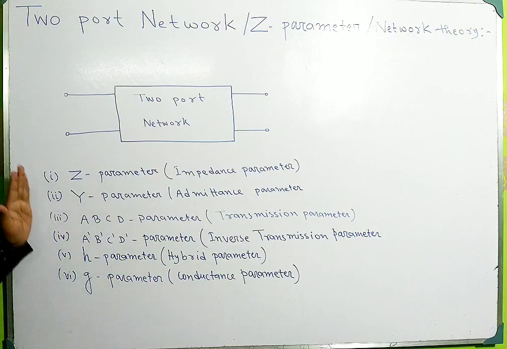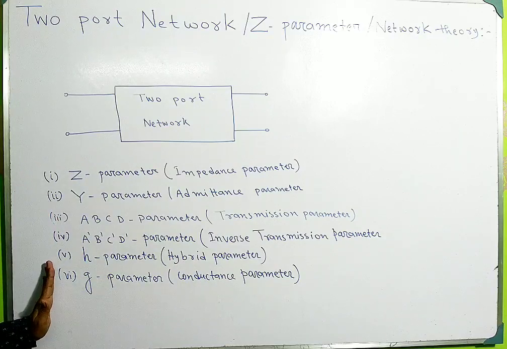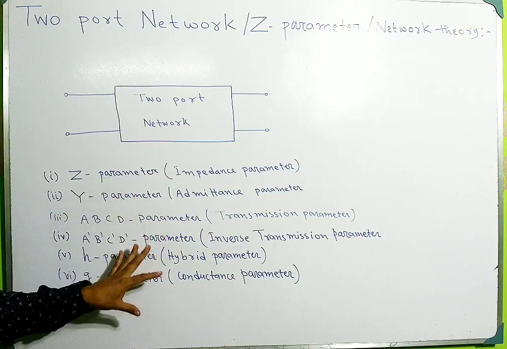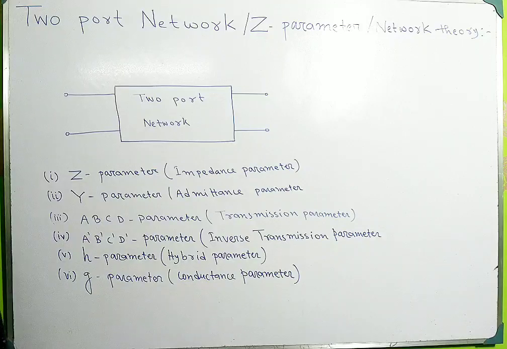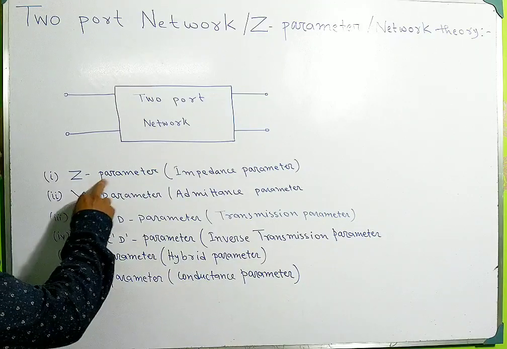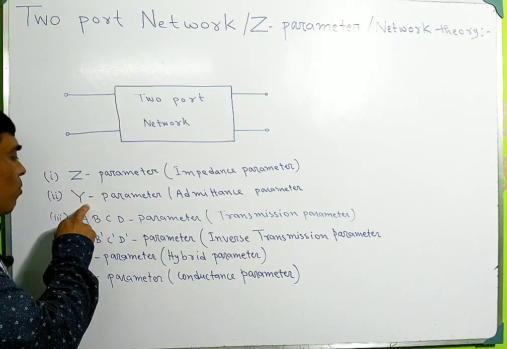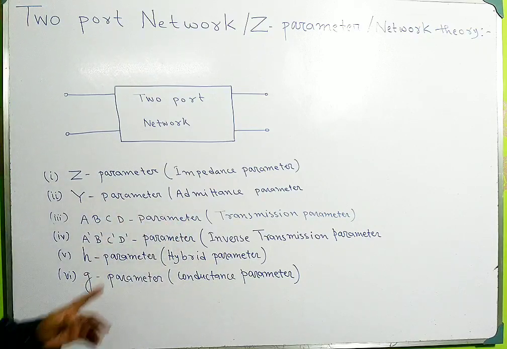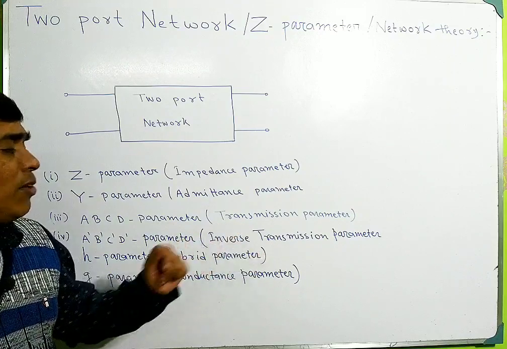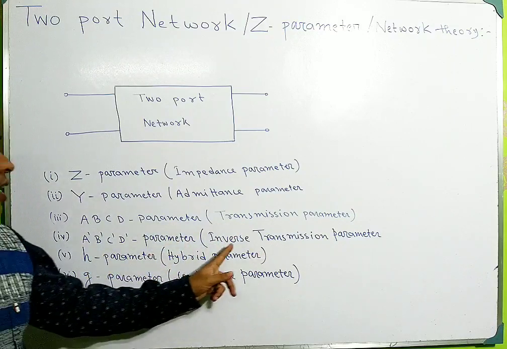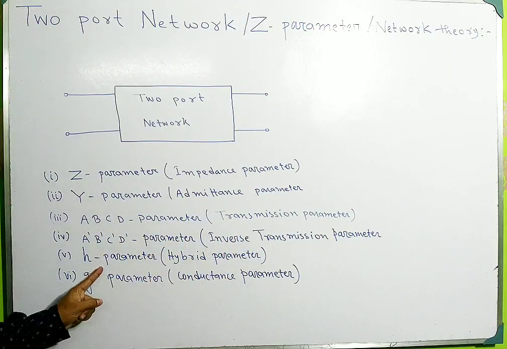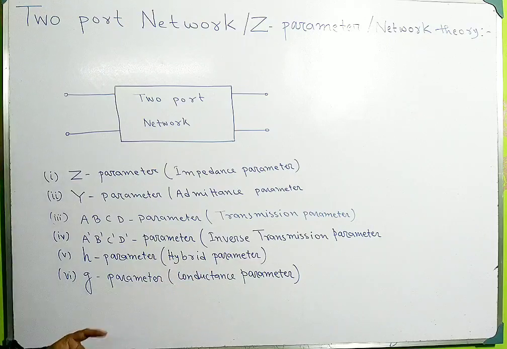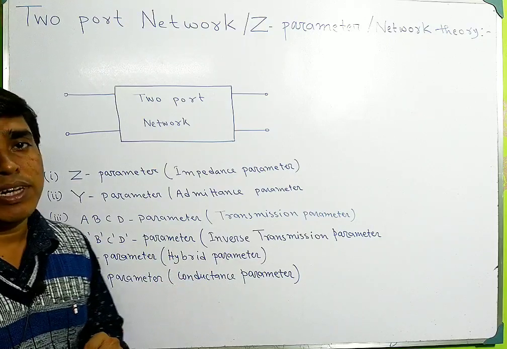Now, there are 6 types of two-port network parameters. One is Z parameter, number 2 is Y parameter, that means admittance parameter. This is called transmission parameter, and this is called inverse transmission parameter, and this is called hybrid parameter, and this is the inverse hybrid parameter.